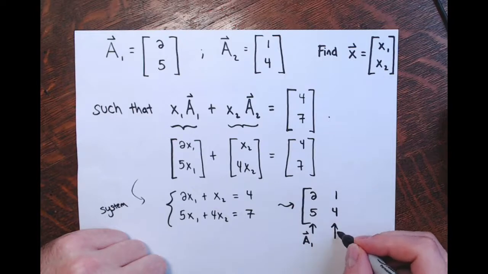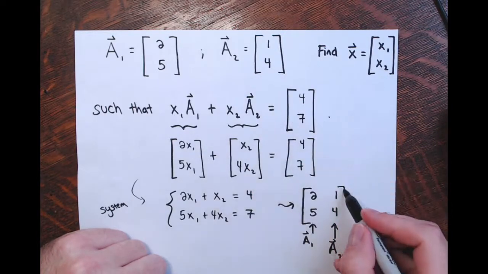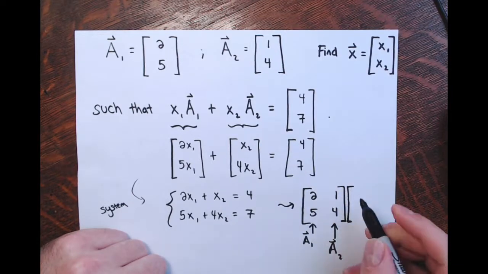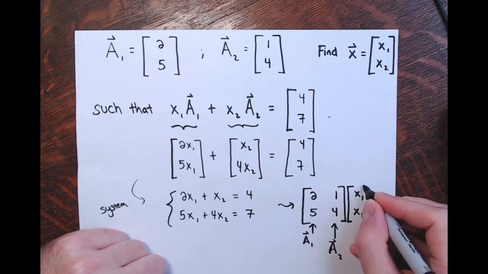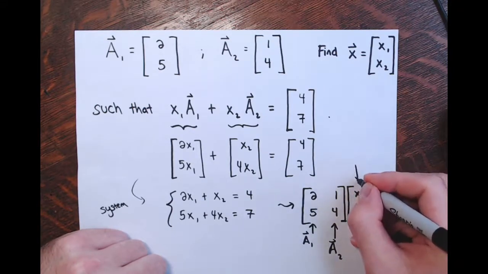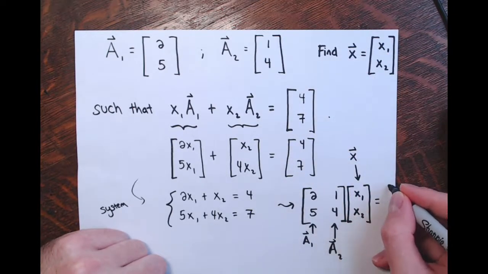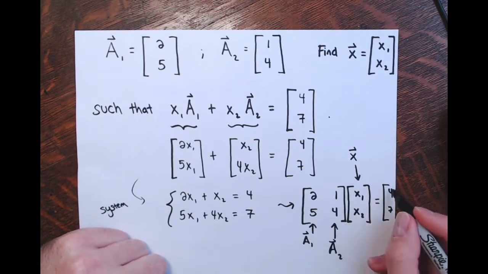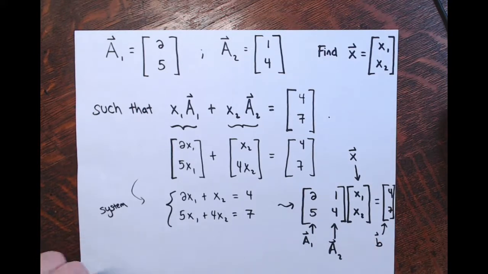And that's just the vector a2. There's the coefficient matrix multiplied by the variable matrix with x1 and x2 in it. And this is that vector x that was mentioned up here, the variable vector. And I would like this to be equal to the constant vector 4, 7. Sorry about the tightness of this. And this is that vector b that's being mentioned.